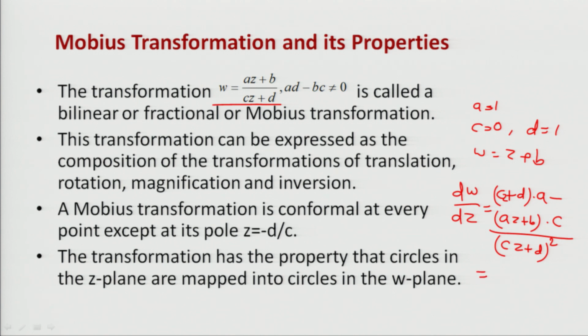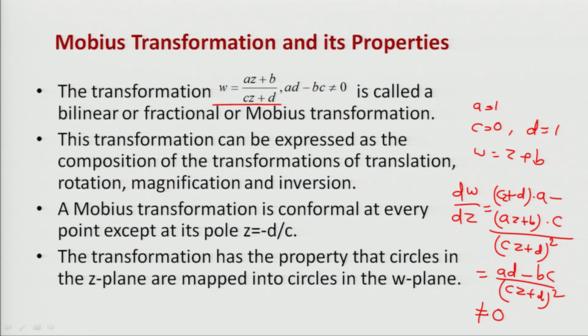If you solve it, then you will get AD minus BC upon Cz plus d whole square, and you know AD minus BC is not equal to 0, therefore the derivative is not equal to 0.